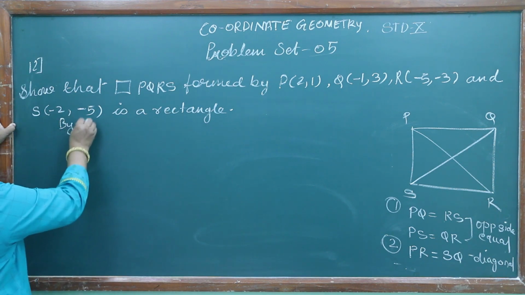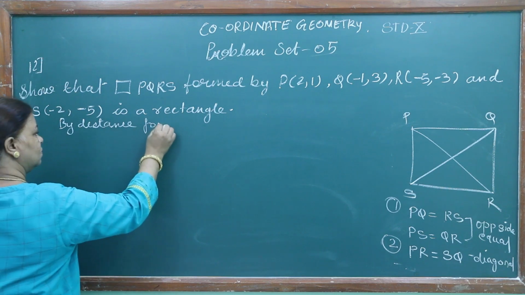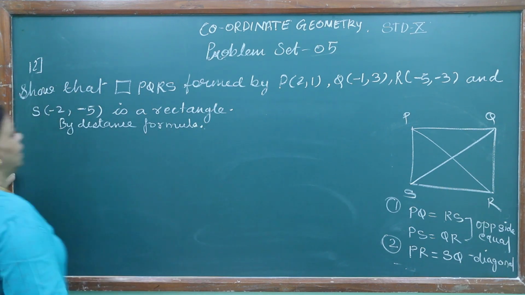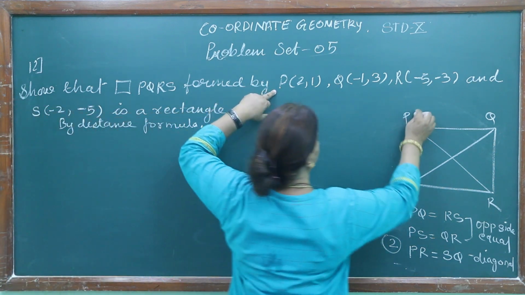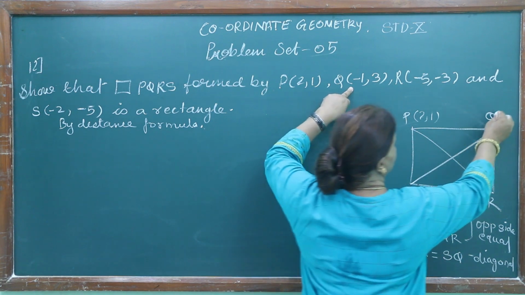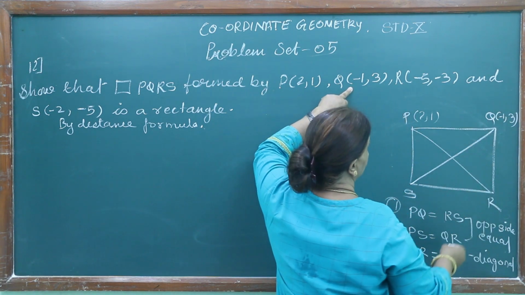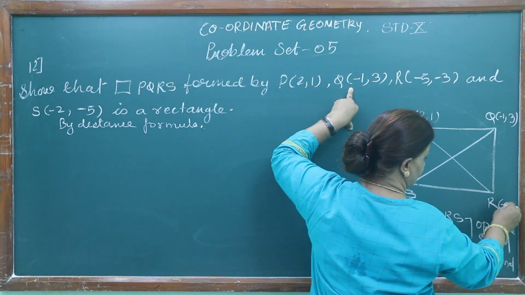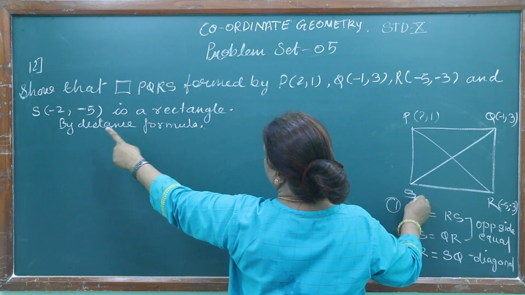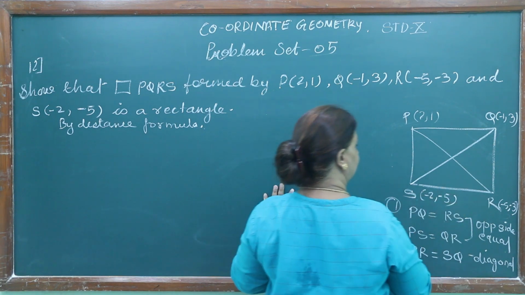Okay, let us begin by distance formula. Let me write the coordinates: P is 2, 1; Q is minus 1, 3; R is minus 5, minus 3; and S is minus 2, minus 5.